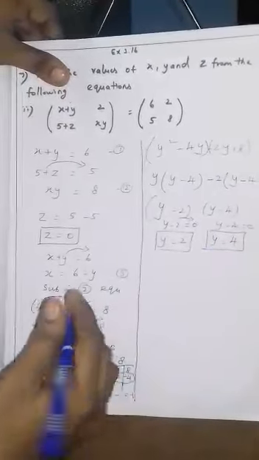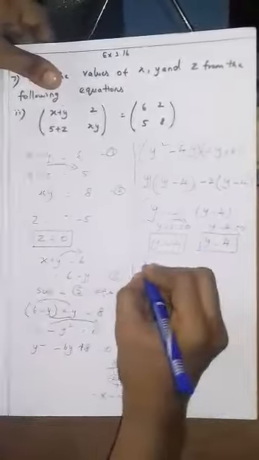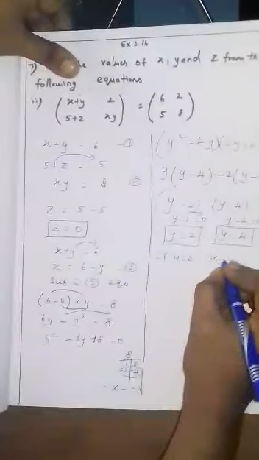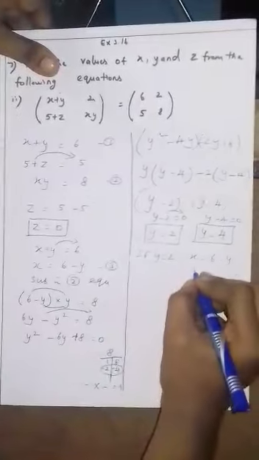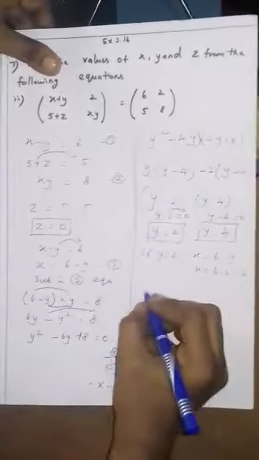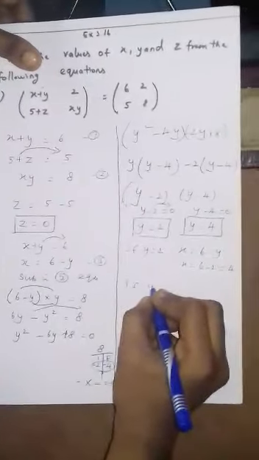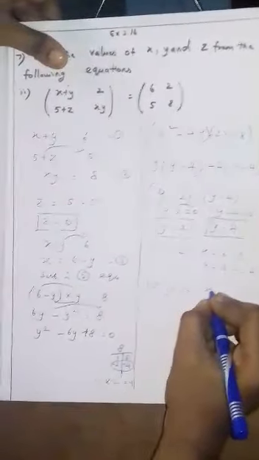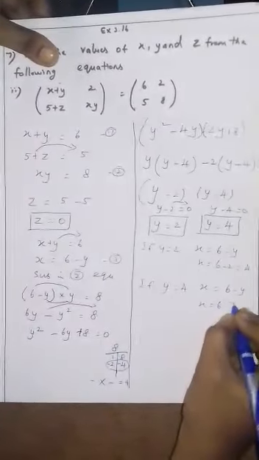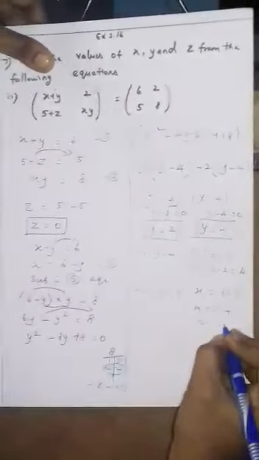We substitute the values in the third equation. If y equal to 2, then x equal to 6 minus y, so x equal to 6 minus 2 equal to 4. And if y equal to 4, then x equal to 6 minus 4, so x equal to 2.